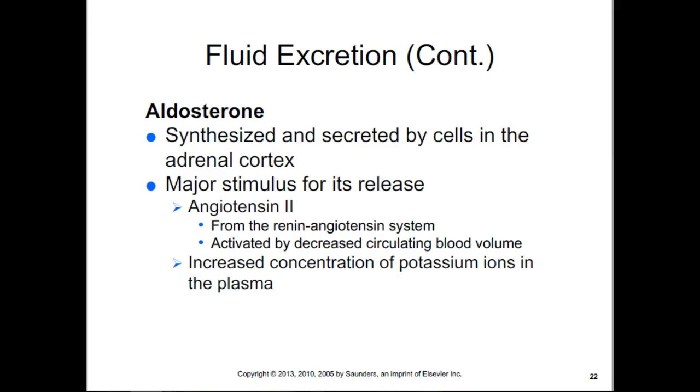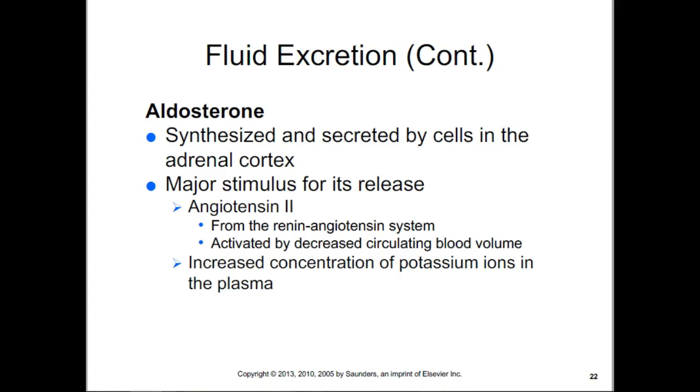Okay, so in the glomerulus, you will release renin. Renin will cleave angiotensinogen into angiotensin 1. Renin works as an enzyme. Then we will use a second enzyme called angiotensin converting enzyme to convert angiotensin 1 into angiotensin 2.